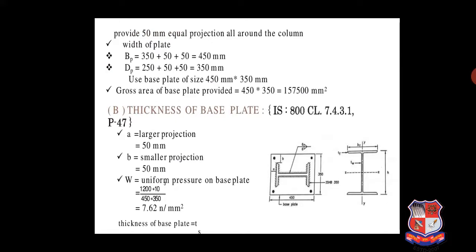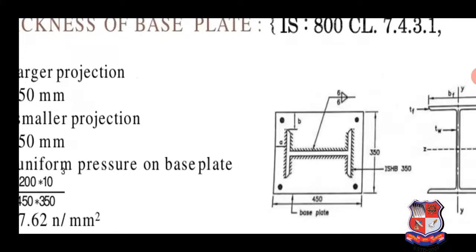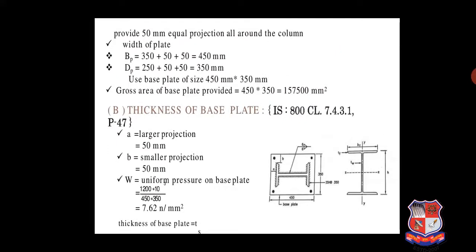We provide 50 mm equal projection all around the column on the base plate. You can see the figure here. A and B are noted. A is the projection on one side, B is the projection on the other side. In our case we should provide both the same, which means A is equal to B. So 50 mm equal projection all around the column is provided.